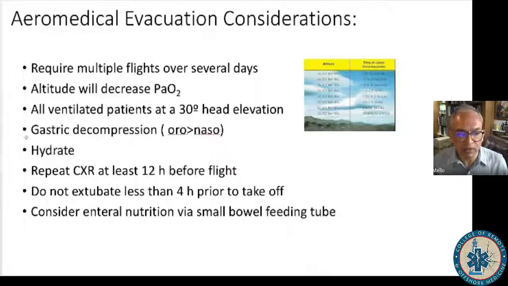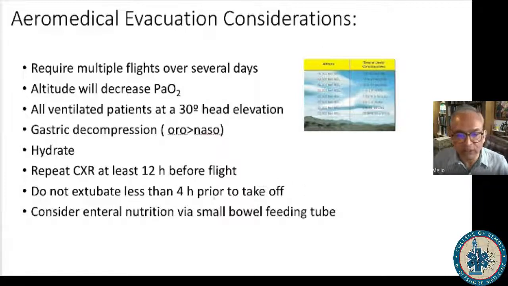Make sure the patient's well hydrated, both systemically and respiratory, by using a humidifier. Do a repeat chest X-ray at least 12 hours before the flight, so you have a baseline, and correct anything that can be corrected as a result of taking this chest X-ray. Do not extubate your patient less than 4 hours prior to takeoff, because this is the time when, if the patient is extubated, they may require re-intubation.